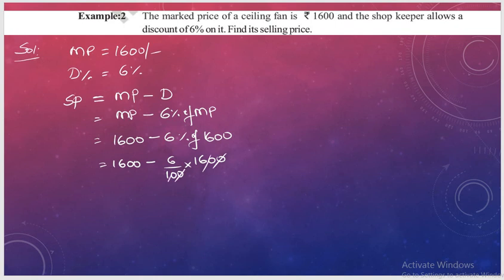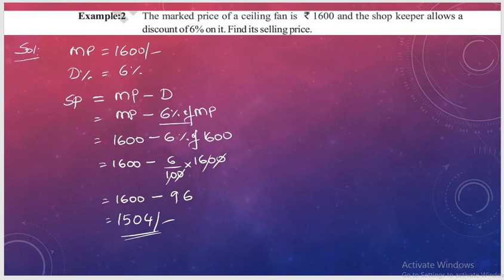So the zeros get cancelled. So 1600 minus 16 6s, how much? It is 96. So from 1600 if you remove 96, what am I going to get? 1504 rupees. So this is nothing but one approach.